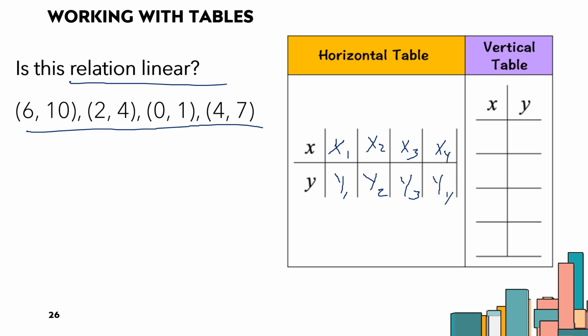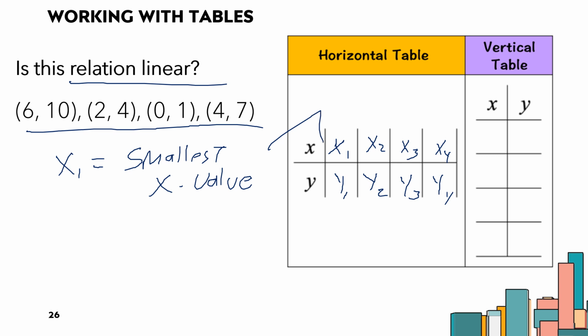And remember, x sub 1 or x1 is your smallest x value. So look for x with the smallest number, put it here, and then put its y partner here. You may want to go ahead and pause the video as you work on that, and I'll be on the next slide with the right answer and some more explanation.